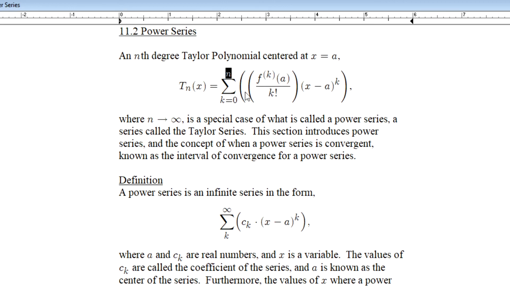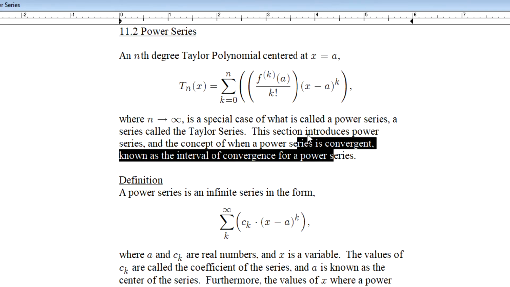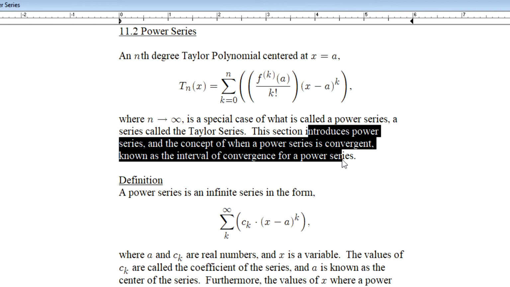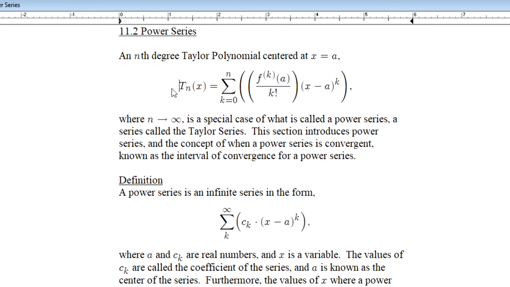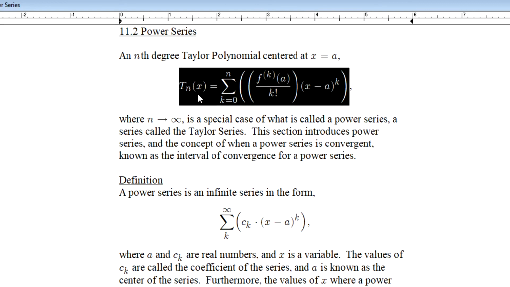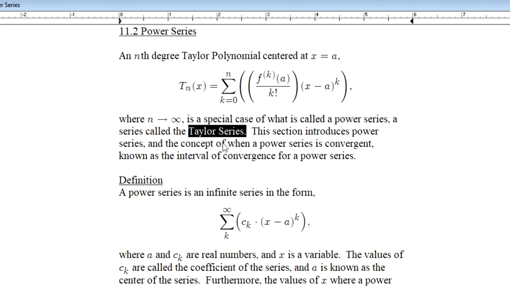And when we have a Taylor polynomial that is infinite in size with an infinite number of terms, it does fit the format of what we call a power series. And this concept of convergence in the power series is going to also play a role in discussing the convergence of a Taylor series. So that's what we are going to come back to, folks. We are going to return to looking at the Taylor series, and these ideas of power series are going to come back and play a bit of a role there.